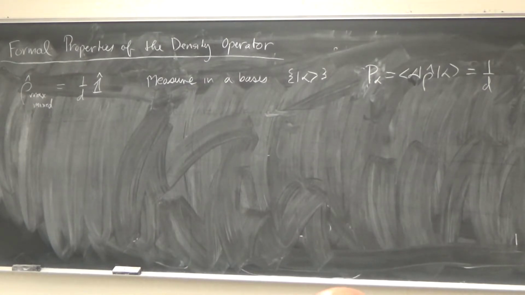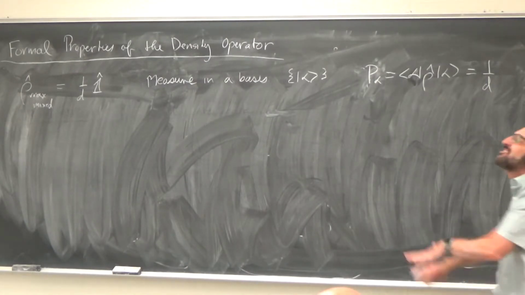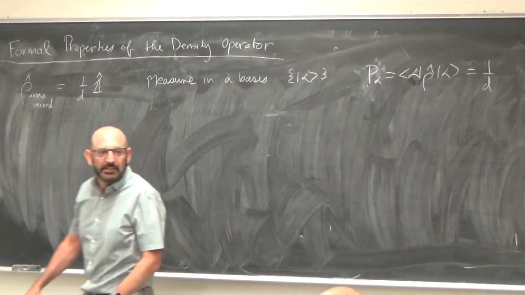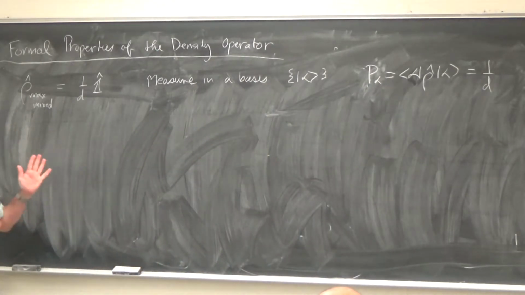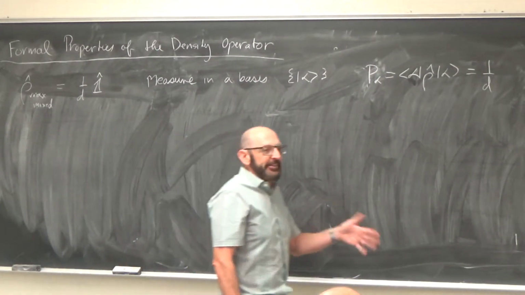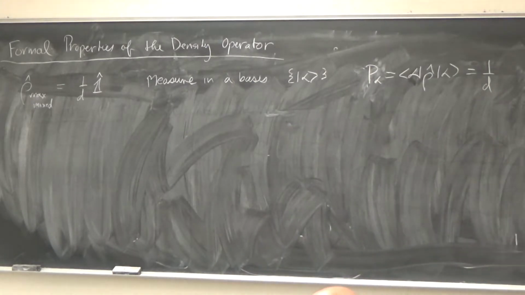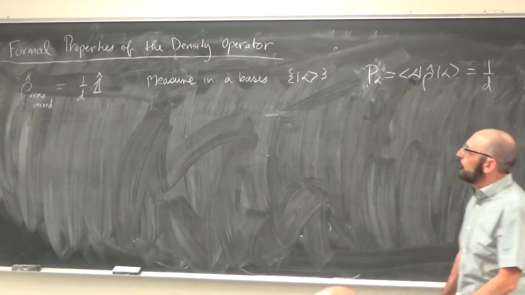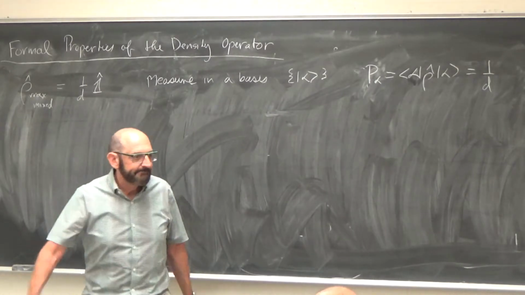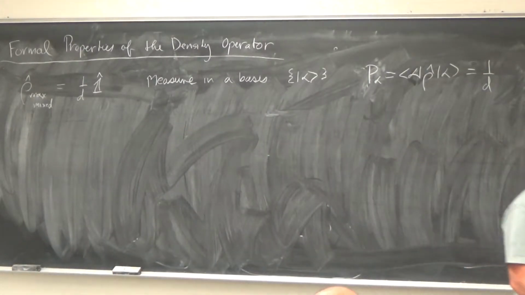So in some sense, this is a completely random state. It has no information at all. There's nothing to learn about the system if it's in the maximally mixed state. It's completely random. There's no quantum interference anywhere, anytime. Okay.